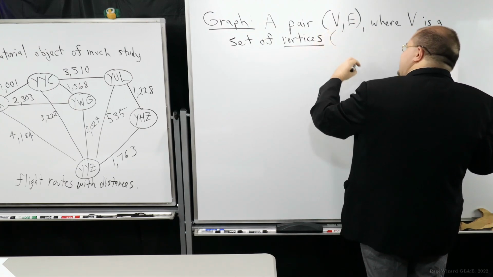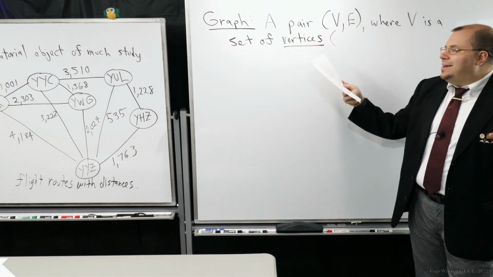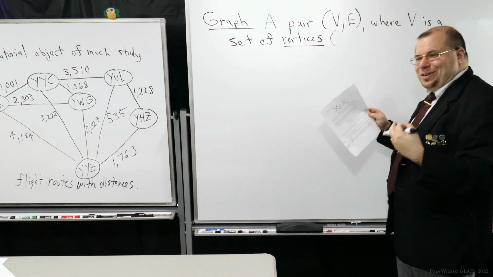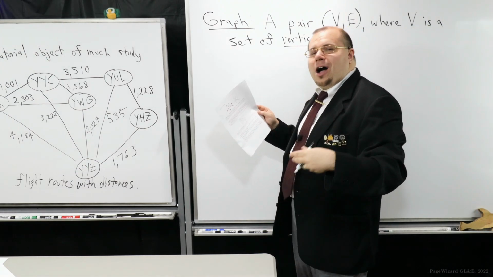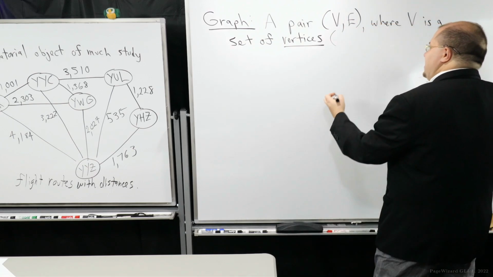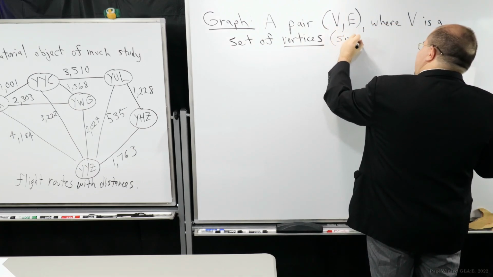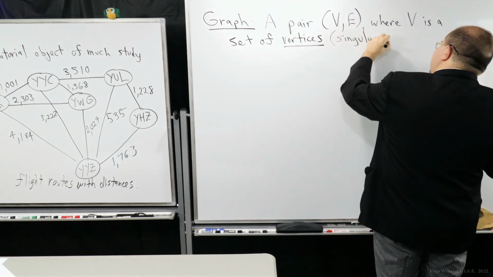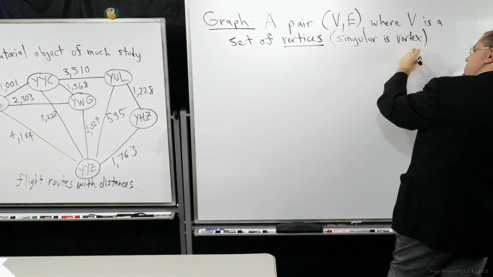I must stress, this is a common mistake students make: when I tell them the singular of vertices, it's often a common mistake to pluralize the singular. So let me explain. The singular of vertices is vertex. You may have heard of this word from geometry, for example.